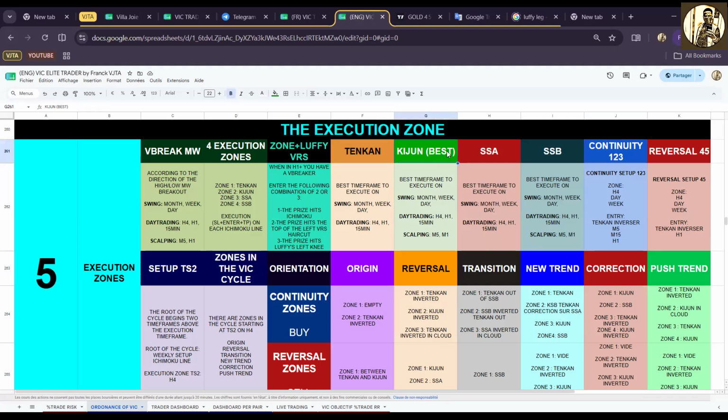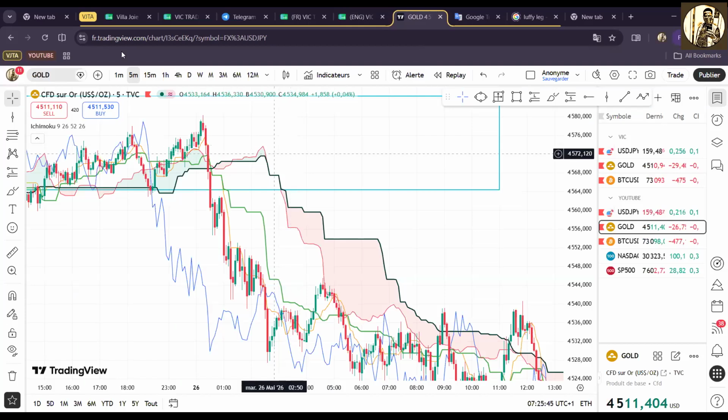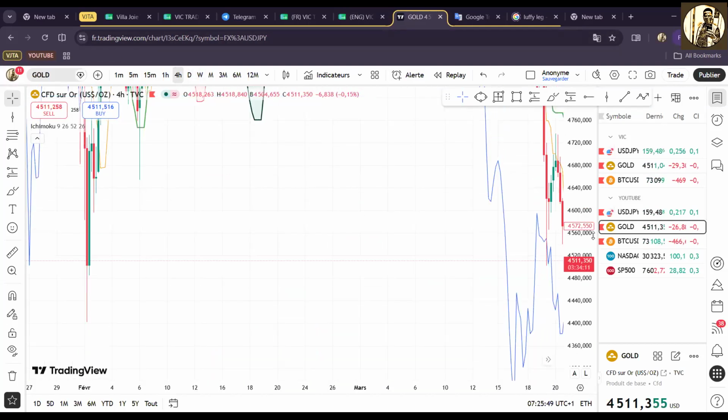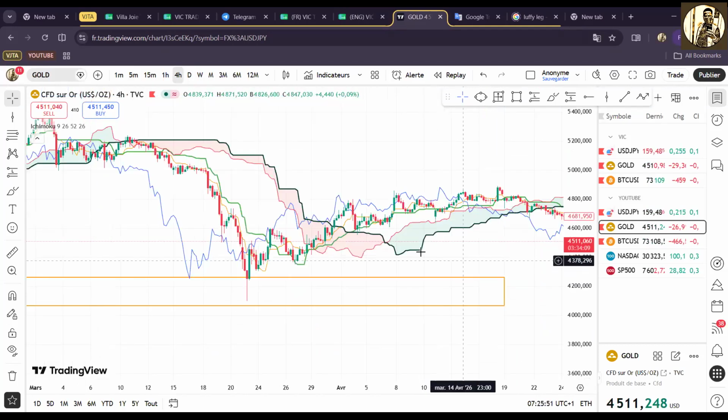Why did I put best here? It's just because Kijun line is often the best line, because it gives more power to the trend than Tenkan.